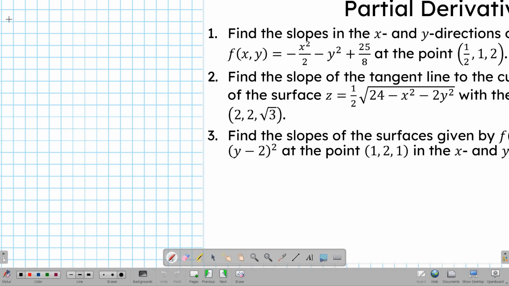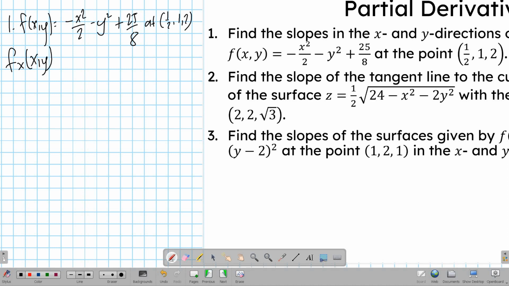We have f of x, y is equal to negative x squared over 2 minus y squared plus 25 over 8. If you want to find the slope in the x direction of this surface, that means we're looking for the partial derivative in terms of x at the specific point.